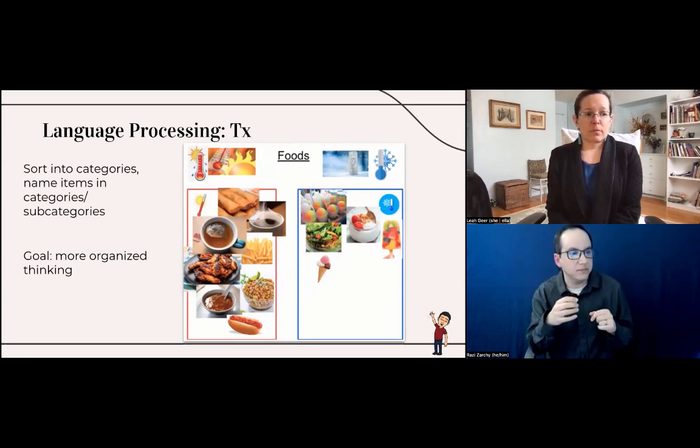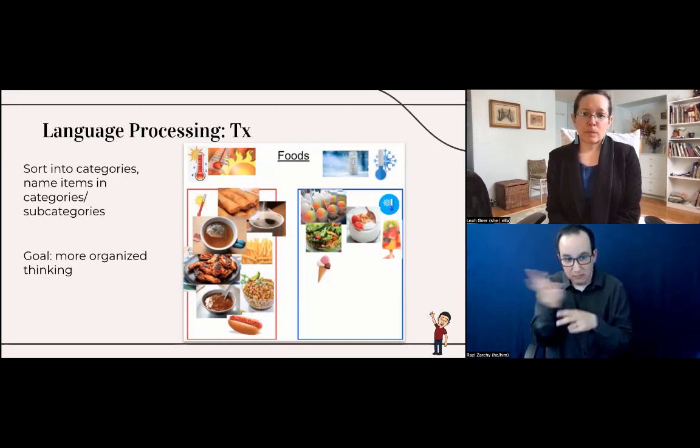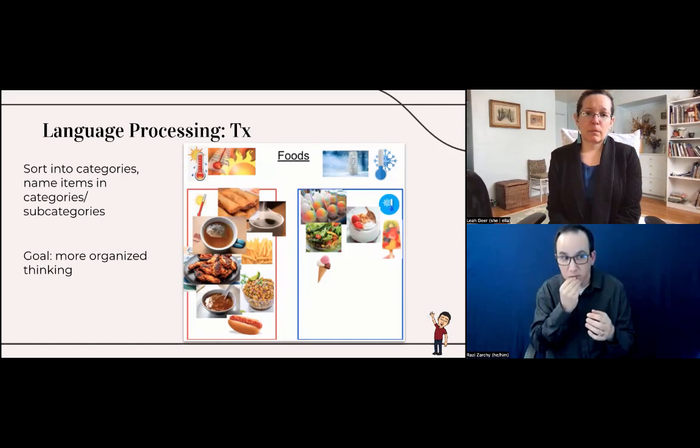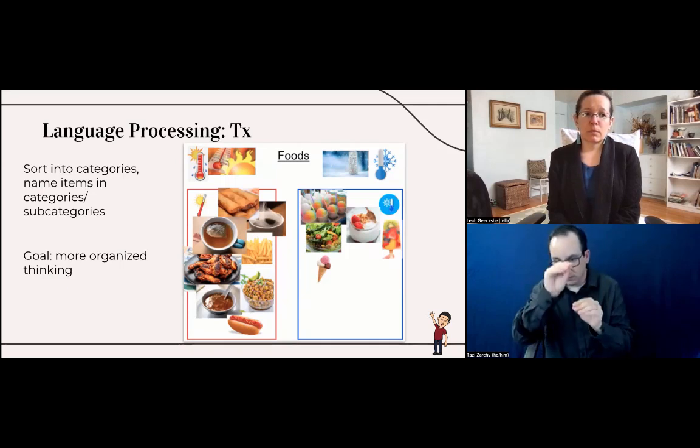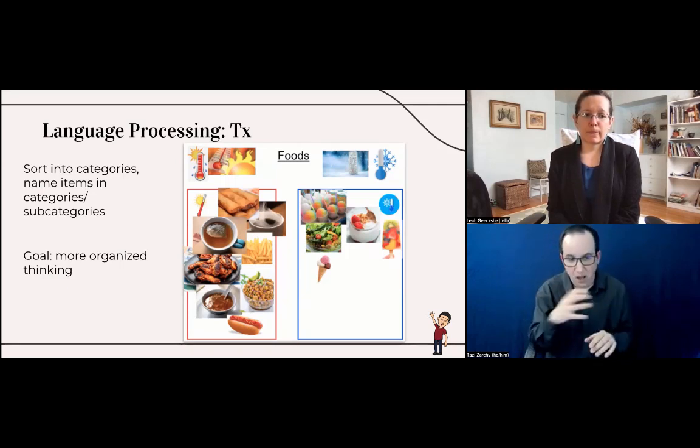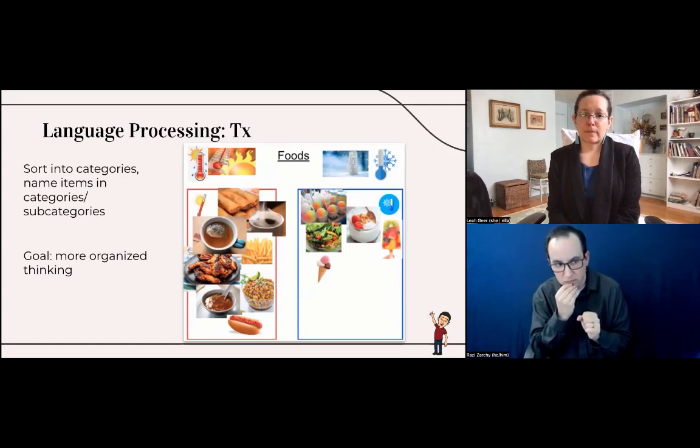Same type of concept for this as well. This is an example that we had used during COVID while we were virtual on a Google slide. I would download a lot of pictures of different items, and I would have the student organize these into hot and cold categories.